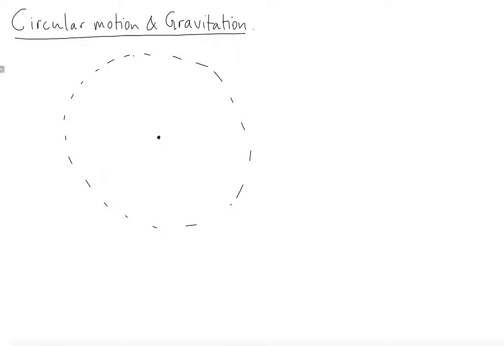Let's make it a blue object moving around in this circular path, and the circle has a radius little r, and the object is moving with a velocity v in that direction.